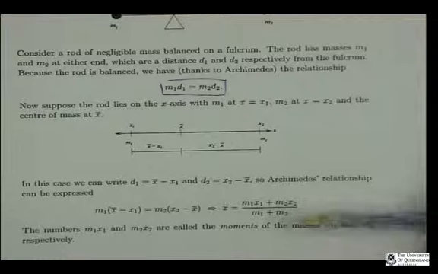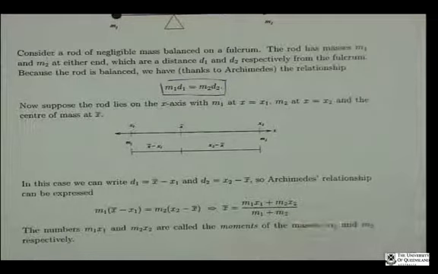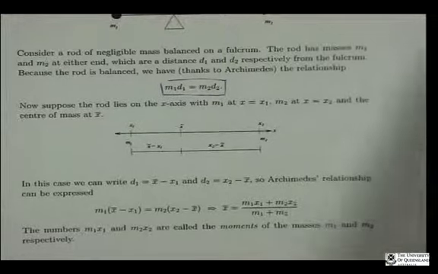And in the denominator, M1 plus M2 is just the sum of the masses. So you can think of x bar as being some kind of weighted average of the location of the two masses, because it depends on the actual values of those masses as well.